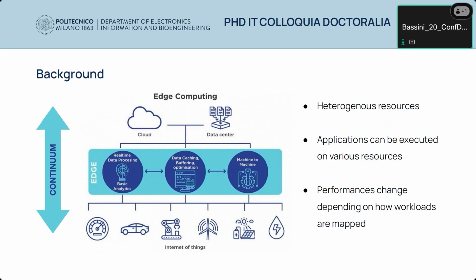So when we have an application, we can execute it on different resources. We can decide where to execute it. But of course, the performance of this application can vary depending on where we execute it.